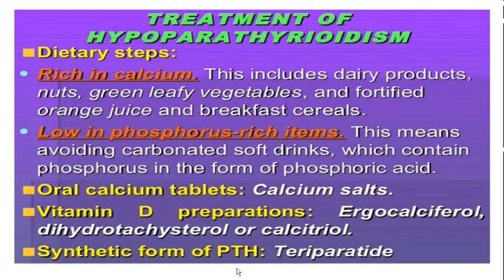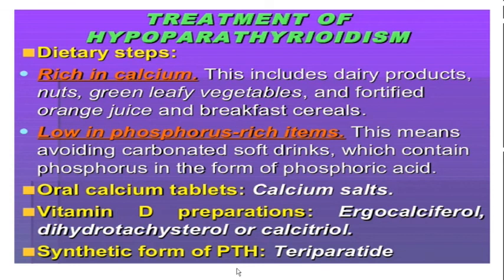The treatment of hypoparathyroidism is basically to address the low calcium level, and that can be compensated through a diet rich in calcium, like green leafy vegetables, nuts, orange juices, and fortified breakfast cereals, and avoiding carbonated soft drinks, because they hardly serve any purpose.